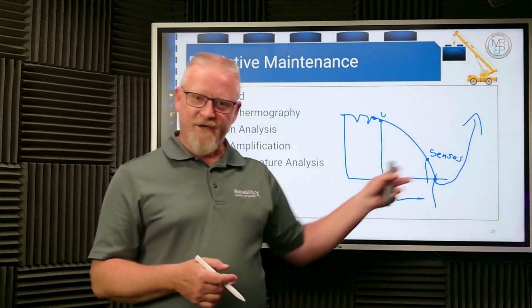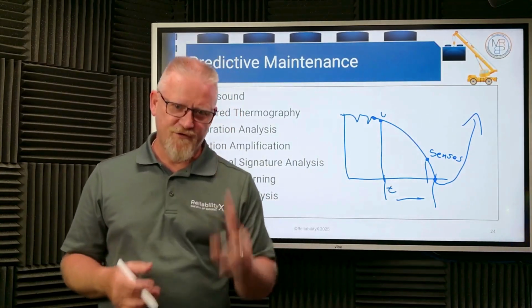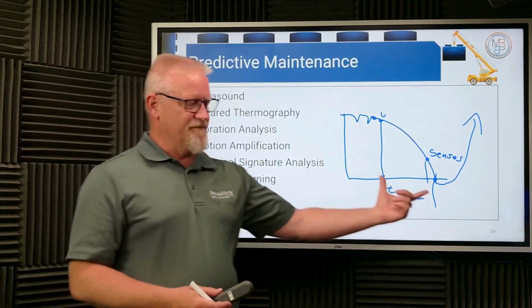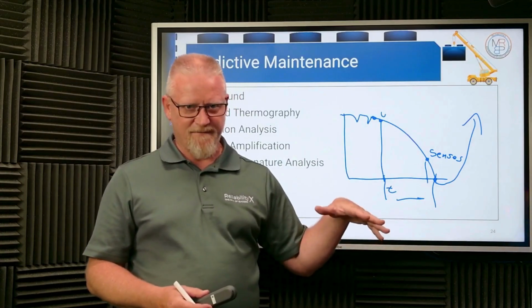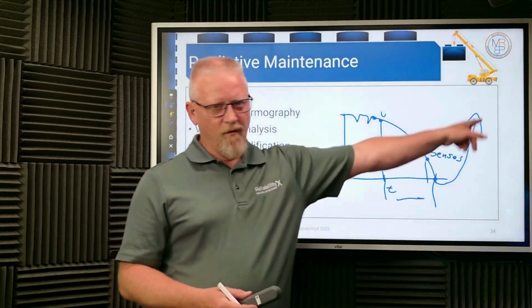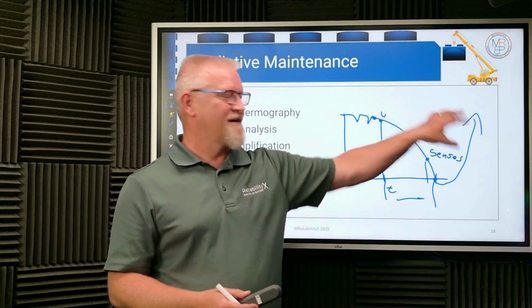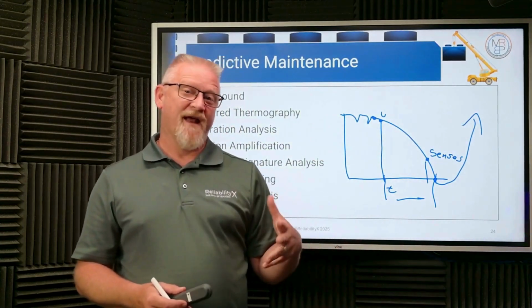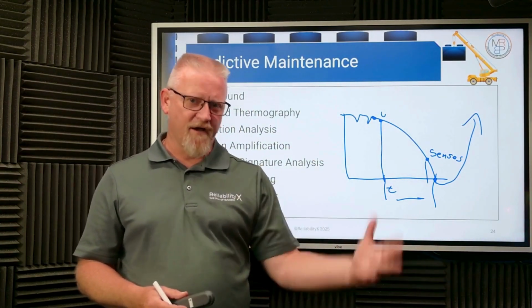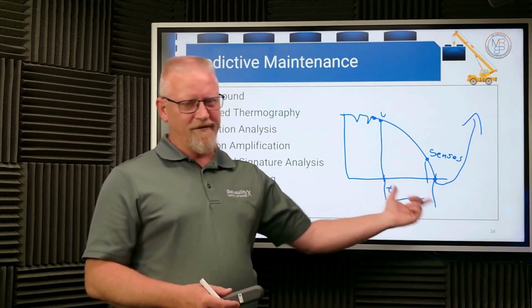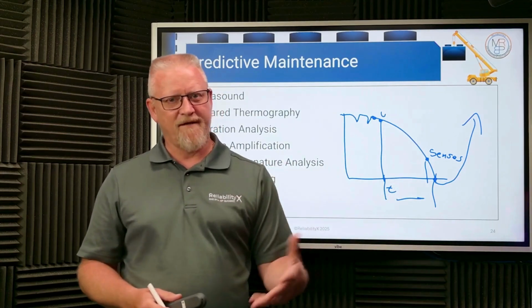And so we use these techniques for two reasons: maximum planning window, less impact to operations, and lower overall reactive maintenance costs or repair costs because I'm not having ancillary damage to other components because I only have to replace the one that was picked up by the technology.